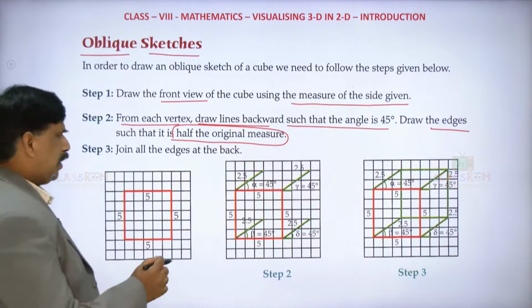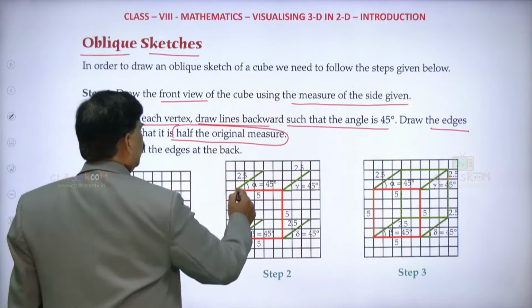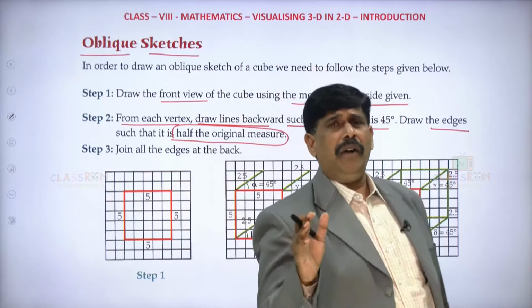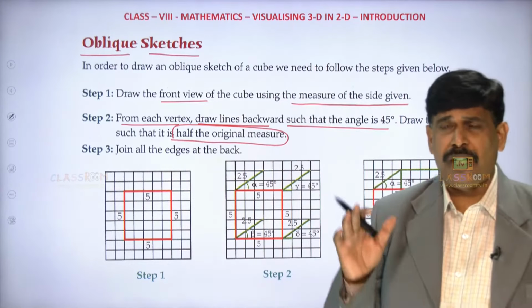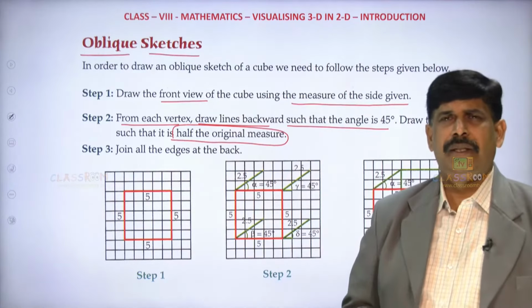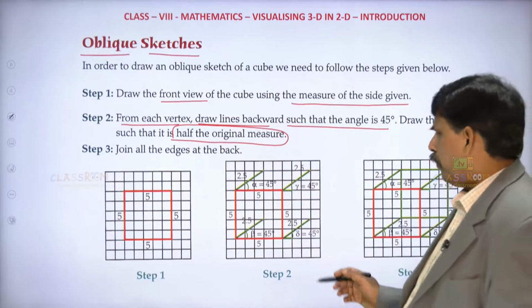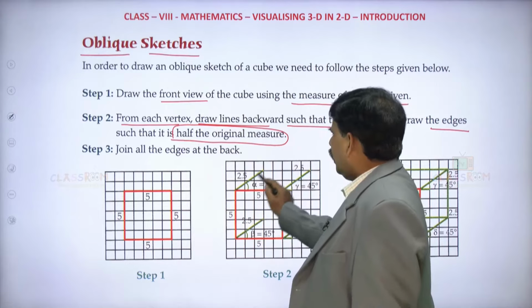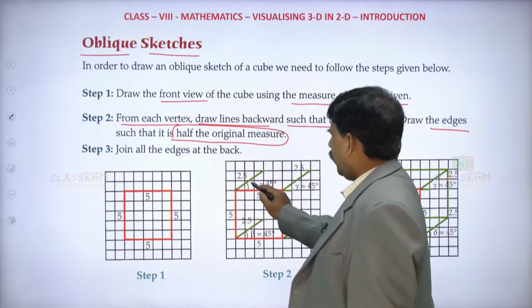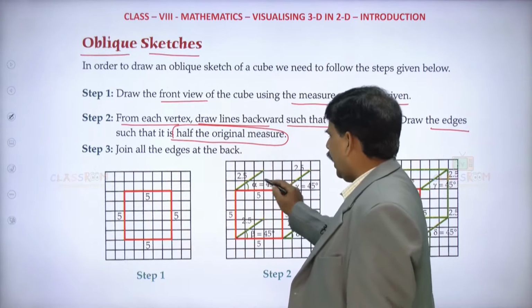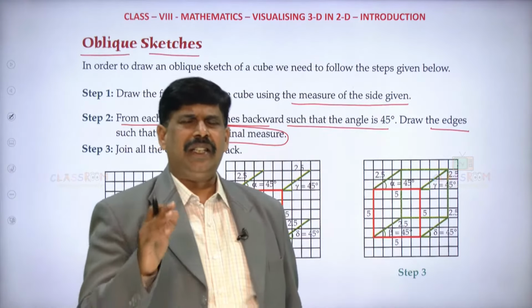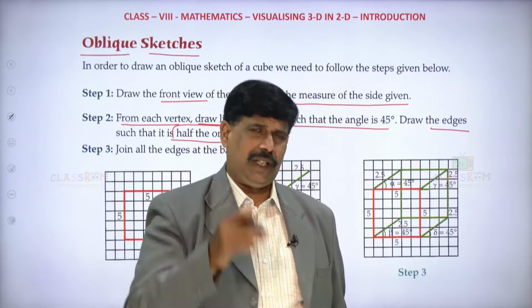These edges you have to draw such that they are half of the original measurement. Understood? What is step 2? After drawing the front view, from each vertex, draw the edges making 45 degrees, and these edges have to measure half of the original.